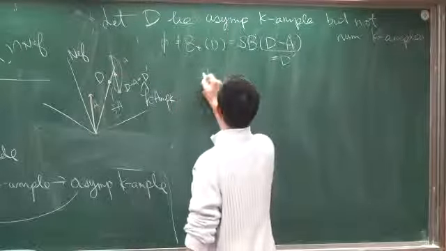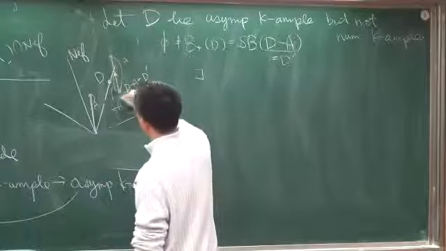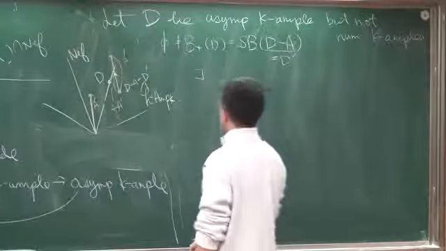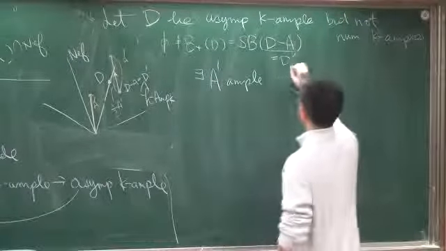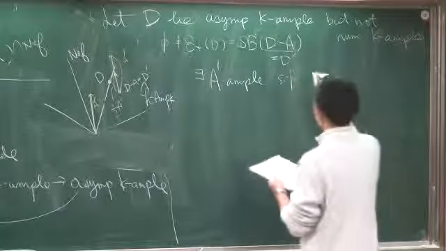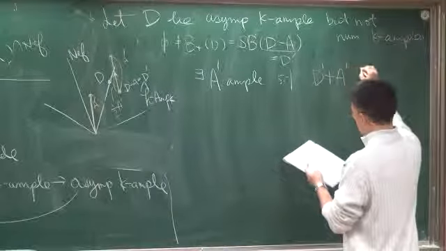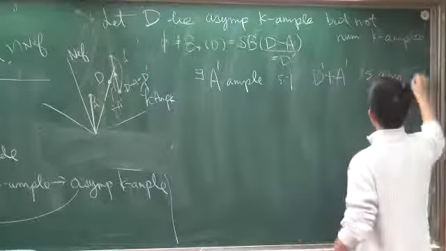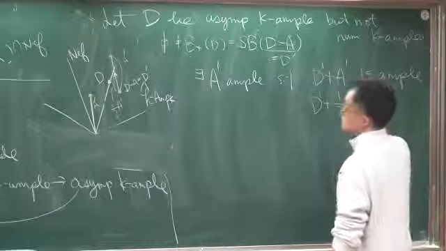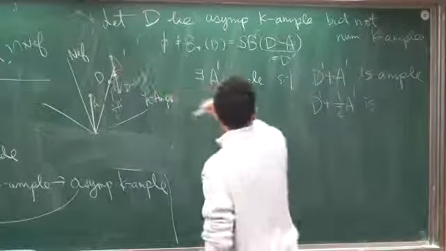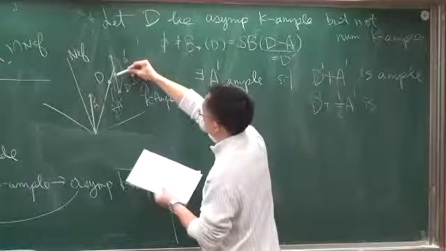So there exists, so I already used A, so A prime. Okay? So there exists some ample divisor A prime, such that D prime plus A prime is ample. But D prime plus 1/2 A prime is, of course, not ample, but we may still assume that.